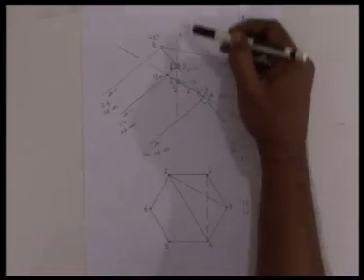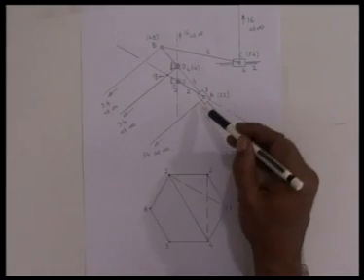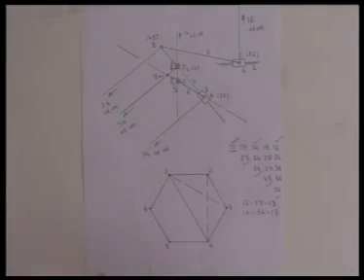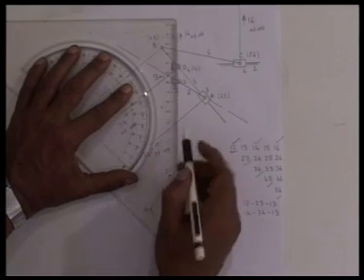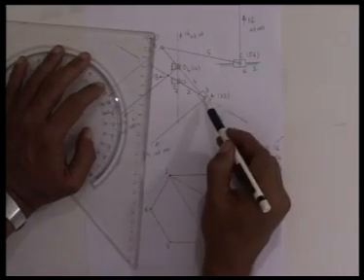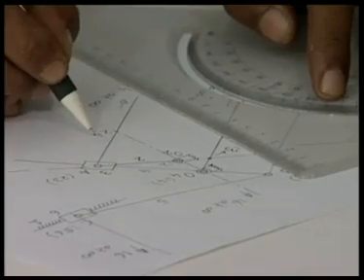So, 2, 4 must lie on this line. And 2, 3 is here, 3, 4 is here. So, it must lie on that line. That means the intersection of this vertical line which contains 1, 2 and 1, 4, and this line which contains 2, 3 and 3, 4 determines the relative instantaneous center 2, 4.